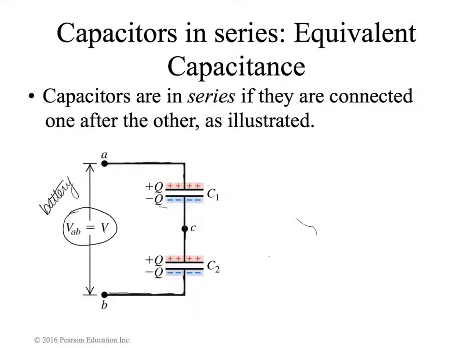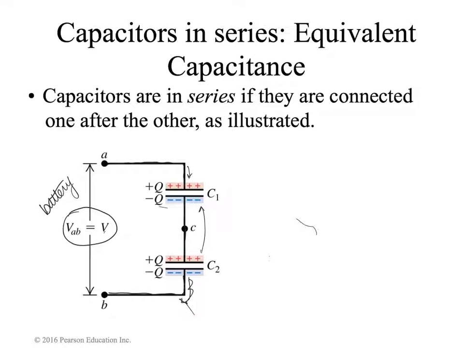And because these capacitors are connected in series, we can imagine the excess of electrons moving from here to here, leaving the same amount of positive charge here, and then the same thing, the negative charges can move from this plate over to this plate. I'm sorry, but you know what I mean.